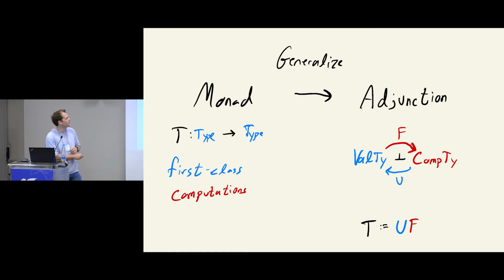And then instead of having a monad, which goes from types to types, we have two type constructors, F and U. And when you compose them together, you do get, in fact, a monad, okay? So if you're familiar with adjunctions, you know that every monad can be decomposed into an adjunction in more than one way, the Kleisli category and also the category of algebras, and vice versa, every adjunction induces a monad, okay?